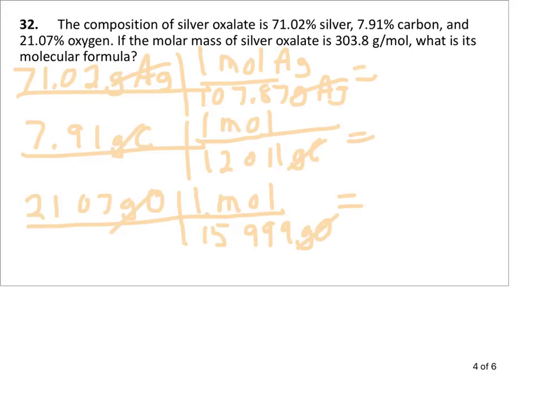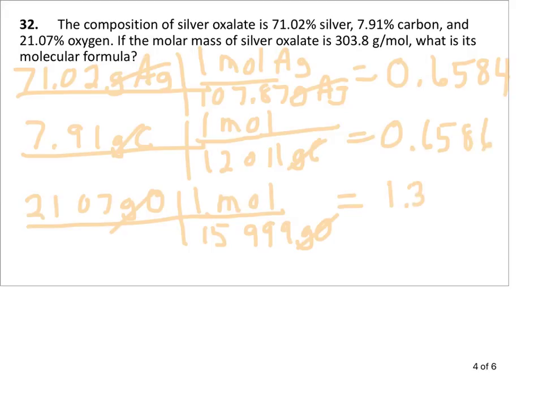So I do all the division again, and we get a 0.6584 up here. I'm going to leave off all the units this time. 0.6586.